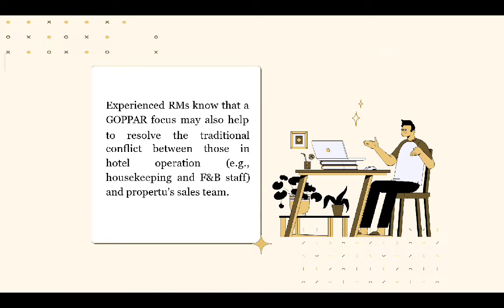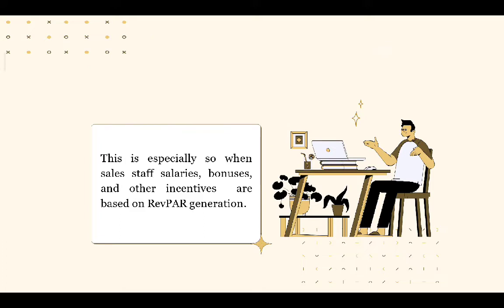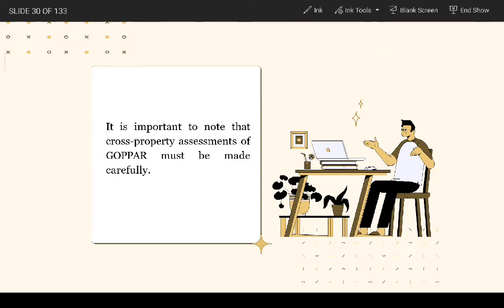This conflict often arises because the operations staff focus only on departmental cost and profitability, while sales staff typically concentrate on increasing total revenue regardless of costs. This is especially so when sales staff salaries, bonuses, and other incentives are based on RevPAR generation.